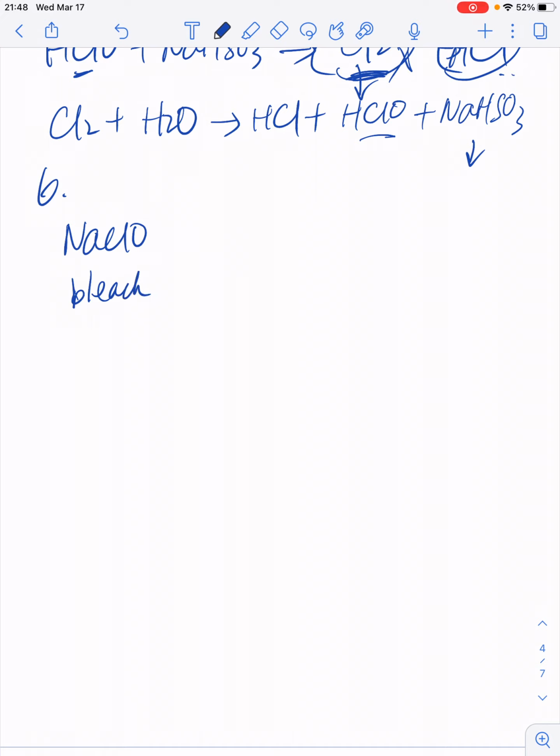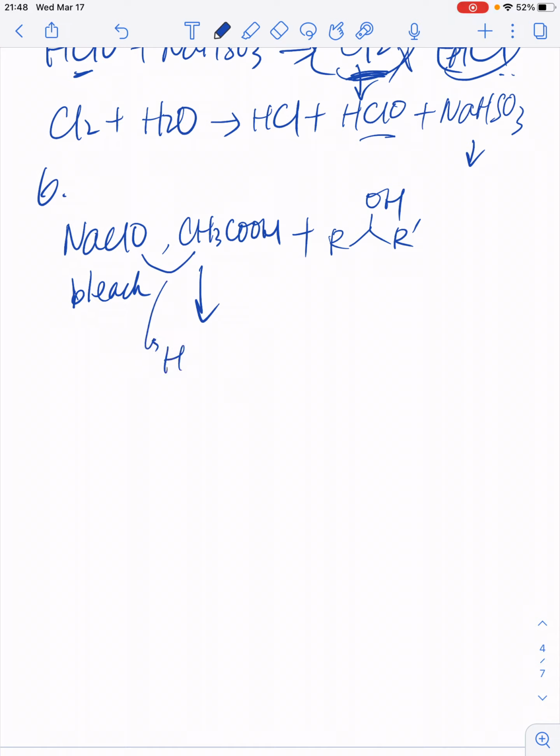All right, so we add bleach, acetic acid, and unknown alcohol together, right? The first thing that's going to happen is these two forming the oxidizing reagent, HClO, and R alcohol.